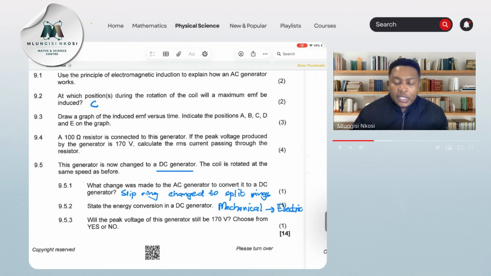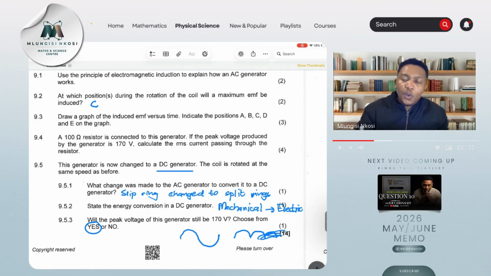Choose from yes or no. Well, it will definitely still be 170 for as long as everything else remains the same. We still will be able to get the same peak voltage. The only difference between AC and DC is that whilst the one changes direction, DC doesn't change direction. Okay, right, but the peak will definitely be the same.